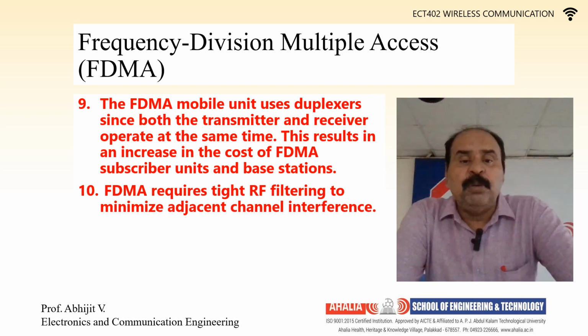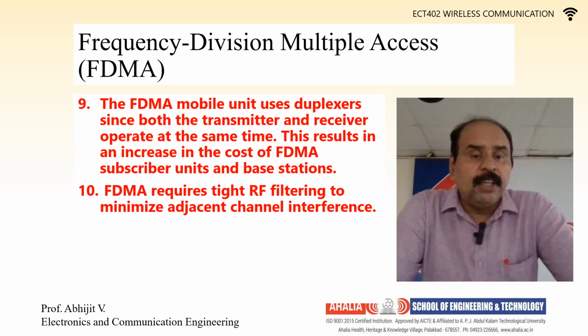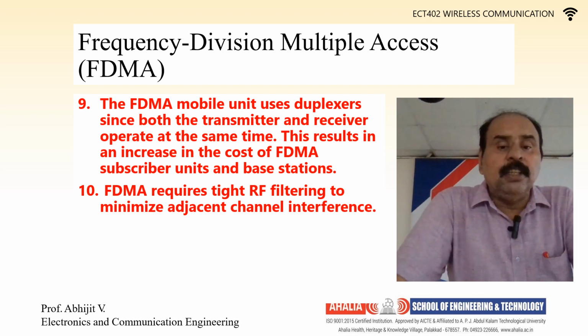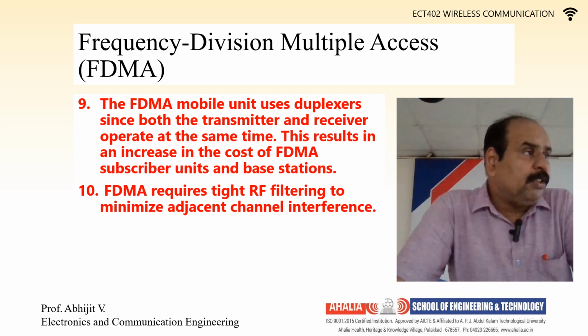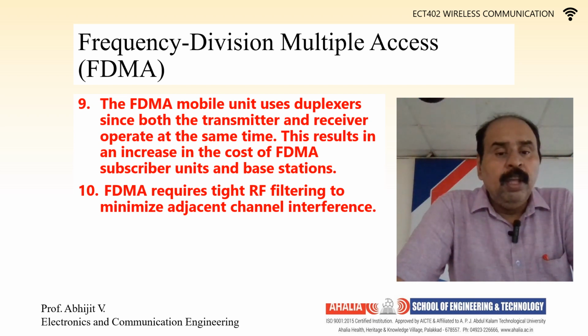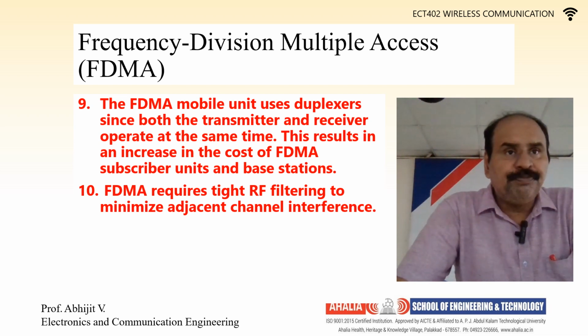The FDMA mobile unit uses duplexers since both the transmitter and receiver operate at the same time. This results in an increase in the cost of FDMA subscriber units and base stations. FDMA requires tight RF filtering to minimize adjacent channel interference.